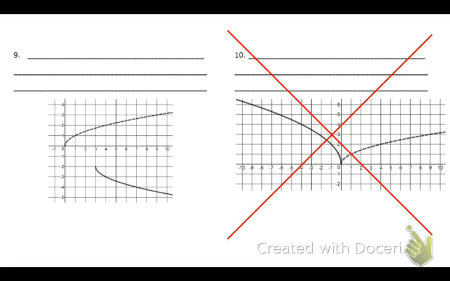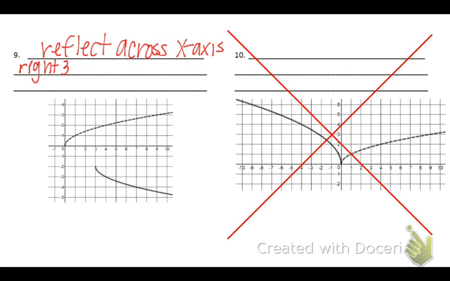Number 10. So on number 9, what is one of the transformations that happens? Good. Reflect across the x-axis. What else happens? Do I have a reflection? Danielle says right 3 units. Do we agree with her? Okay. What else happens? And then down 2 units.